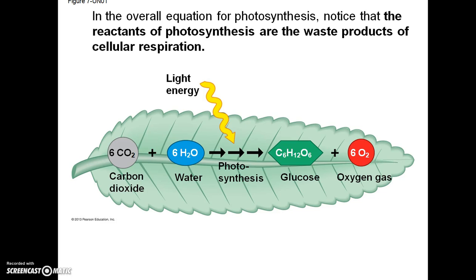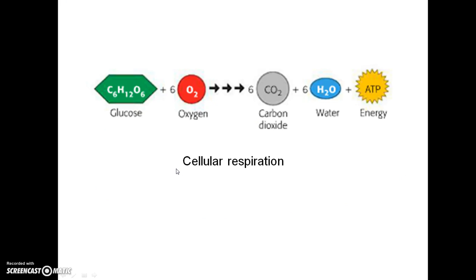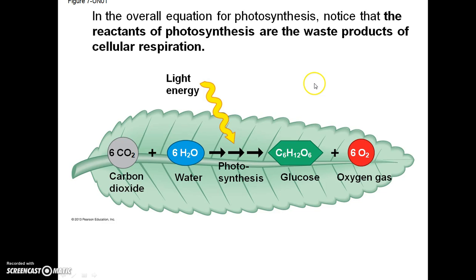Okay, in the overall equation for photosynthesis, notice that the reactants here are the waste products of cellular respiration. So the starting materials, the carbon dioxide and water, if we look at the cellular respiration equation, are the products of that equation. Carbon dioxide and water.